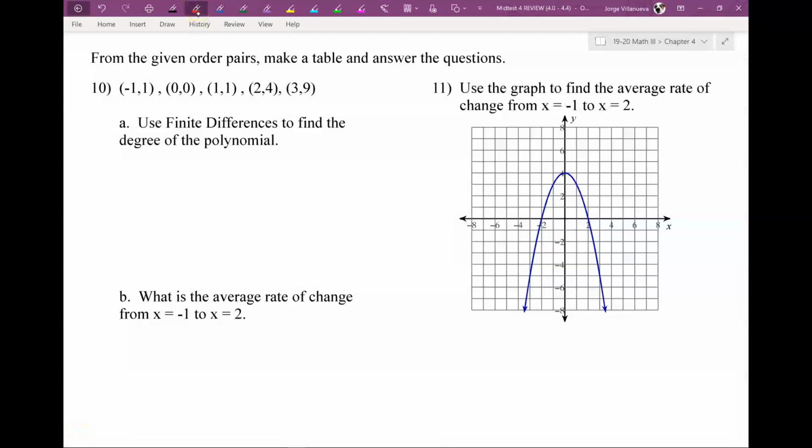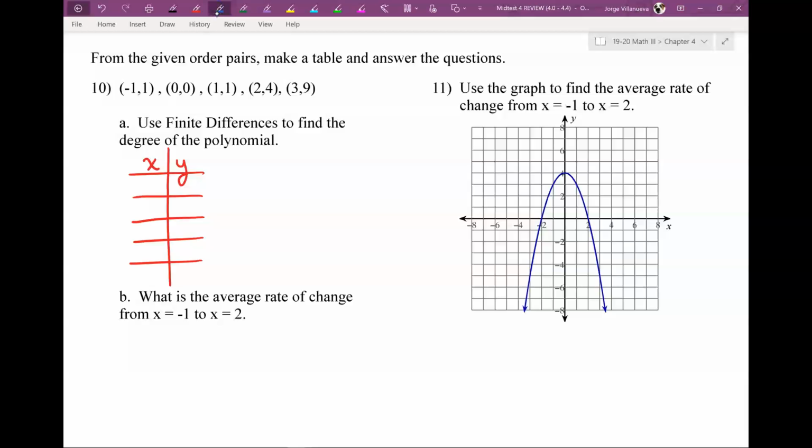So, first off, for number 10, they say you're going to be given some ordered pairs, make a table, and answer the questions. So for number 10, we have to do A and B. Now, they say make a table, so we'll start one off here. X, Y. And we have a total of 5 points, so I'm going to do 5 parts.